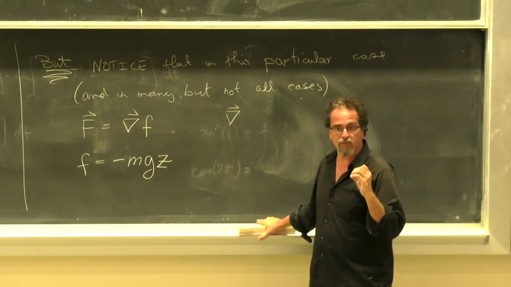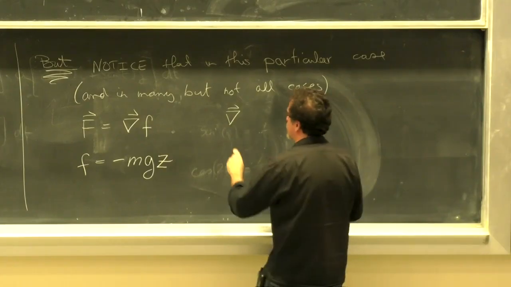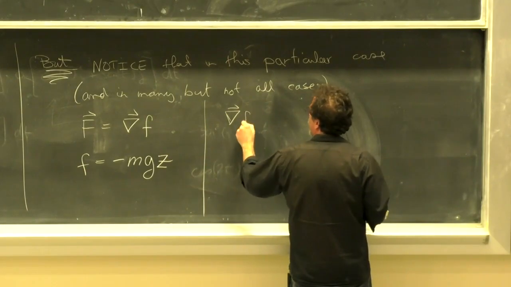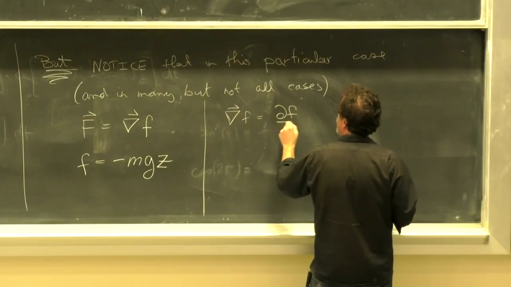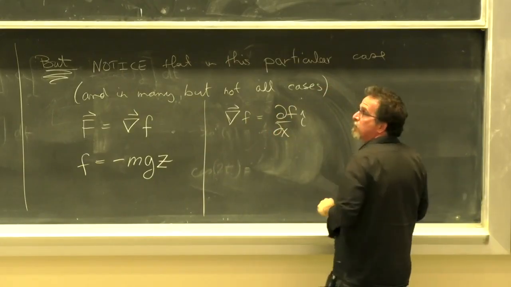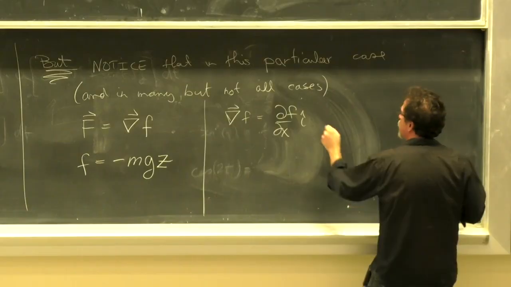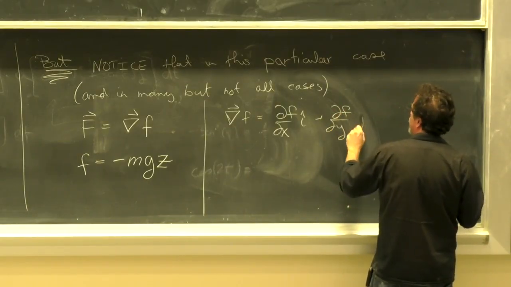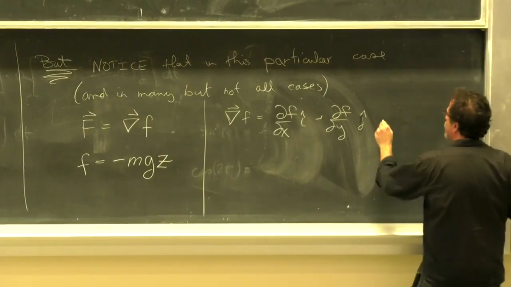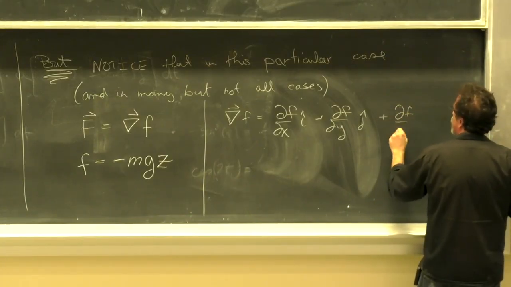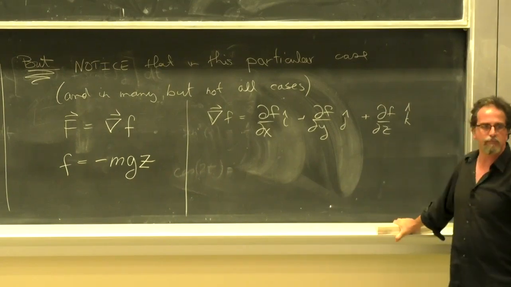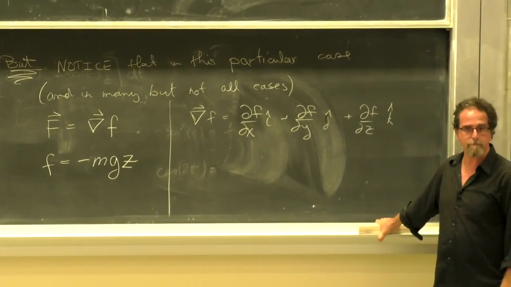You should understand those very well to be successful in this part of the class, okay? The gradient of a function is equal to the derivative of the function with respect to its first component multiplied by the unit vector in the first direction, plus the derivative with respect to its second component multiplied by the unit vector in the second direction, plus the derivative with respect to the third component multiplied by the unit vector in the third direction. Okay?